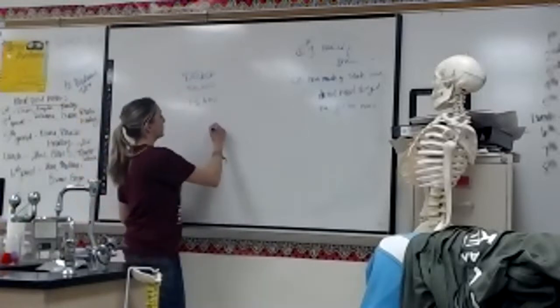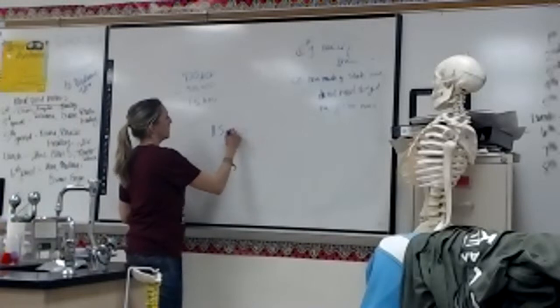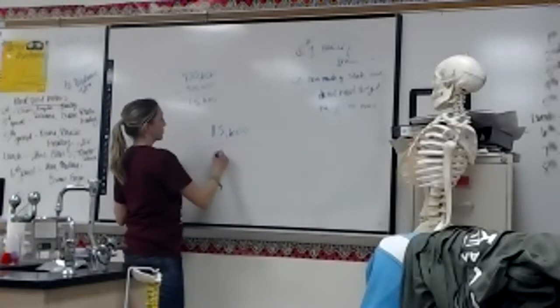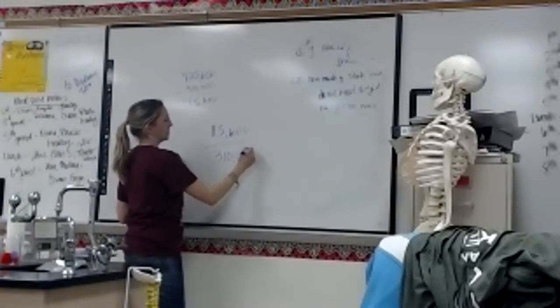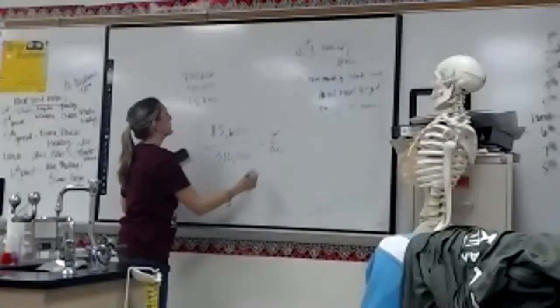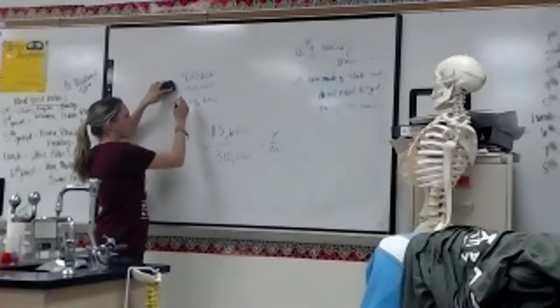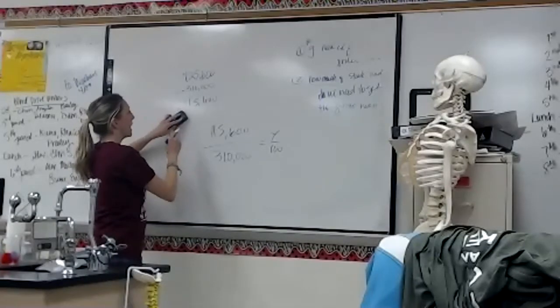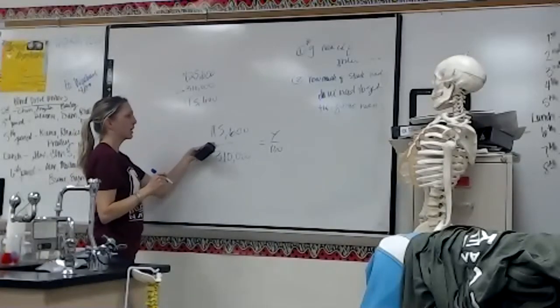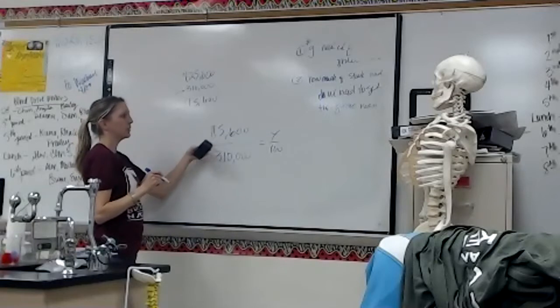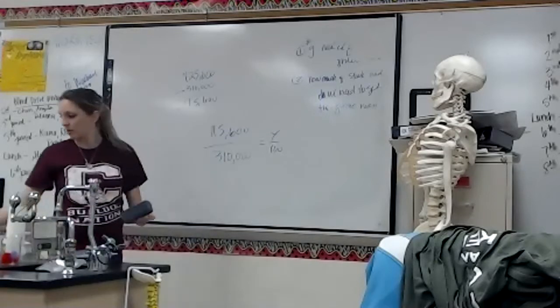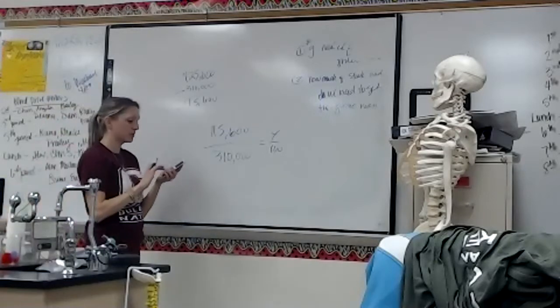So it'd be $115,600 out of the $310,000 equals X over 100. What you paid for in inventory was $310,000, and $115,600 is what you made off of that. So that's why I'm doing this. This is going to give you your markup percentage, like we just talked about.